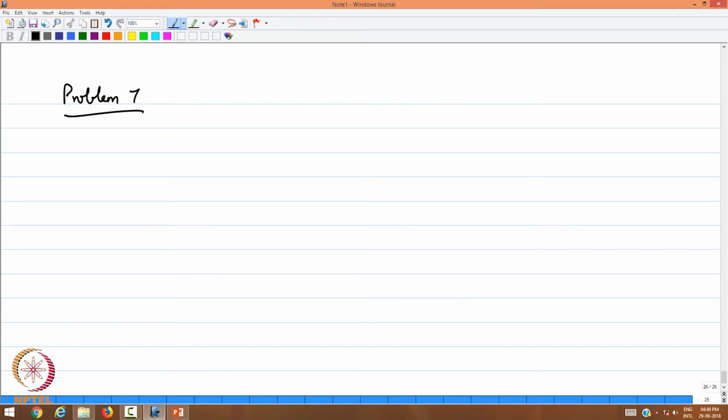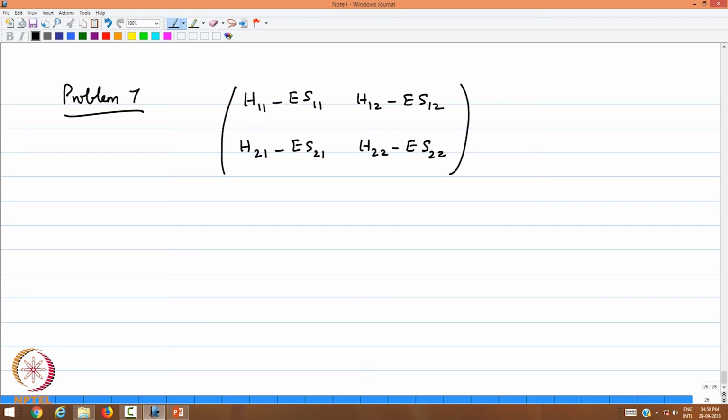In one of the lectures earlier, I did mention that one must variationally minimize this determinant H11 minus ES11, H12 minus ES12, H21 minus ES21 and H22 minus ES22. This is what we had said into the coefficients.